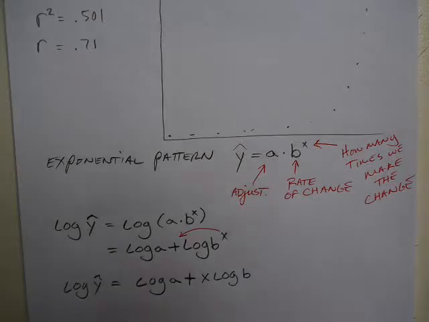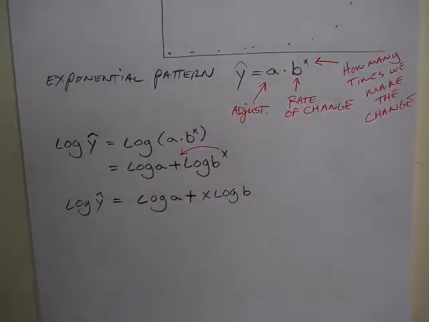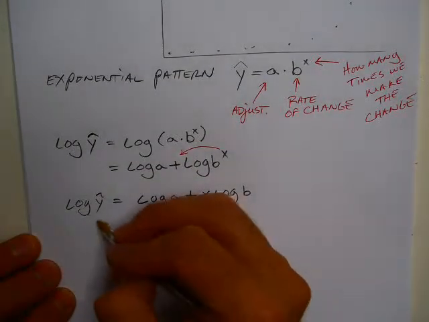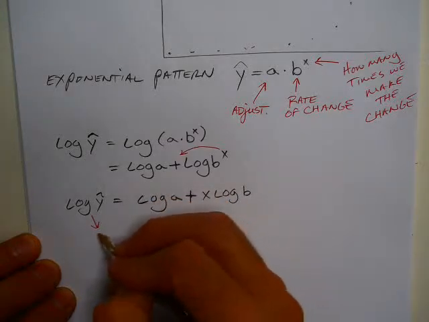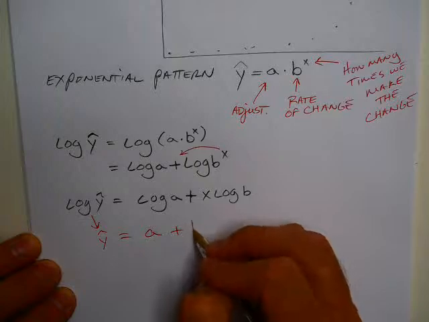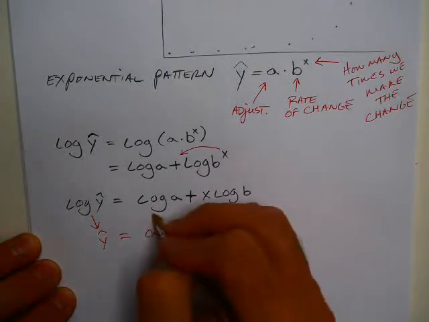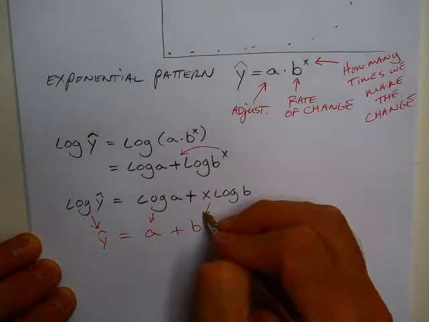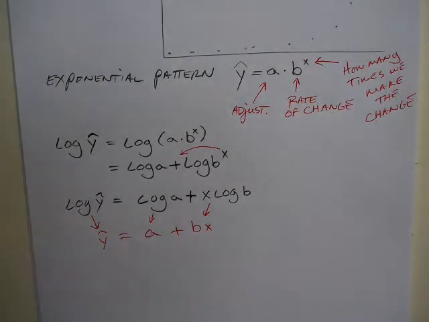And the advantage to that is this now puts us into our linear form of y hat equals a plus bx. That's the formula version of making the change. Lovely, yes?